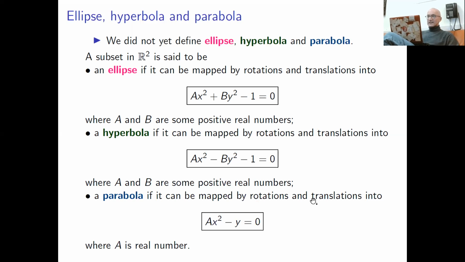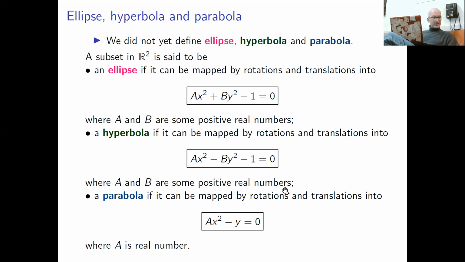So this is, in some sense, an almost coordinate-free definition. It's any curve that up to rotation and translation can be mapped to this curve. So for example, if you have a curve x equal y squared, this is also a parabola, of course. It's enough just to rotate it by pi over 2, and you get an equation of this type. Okay, good.